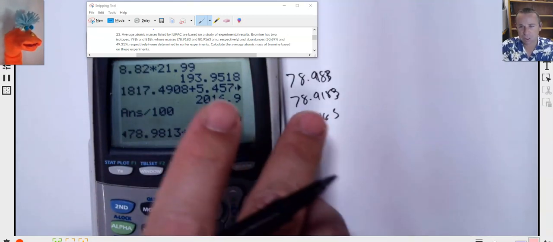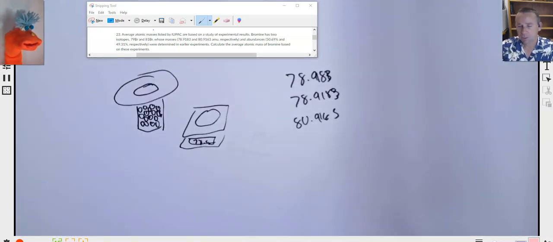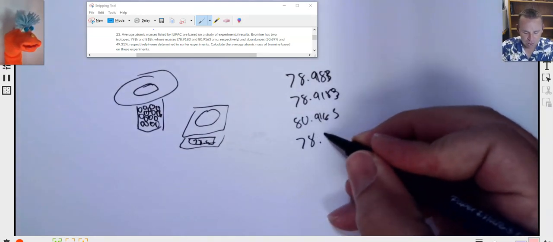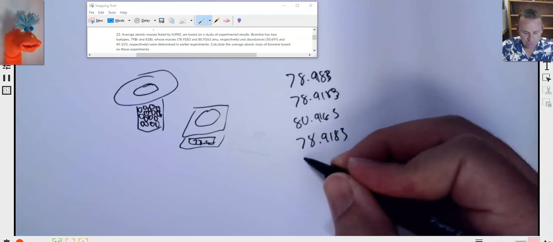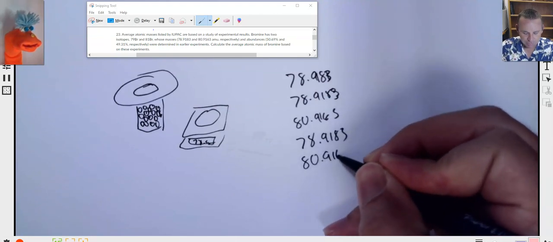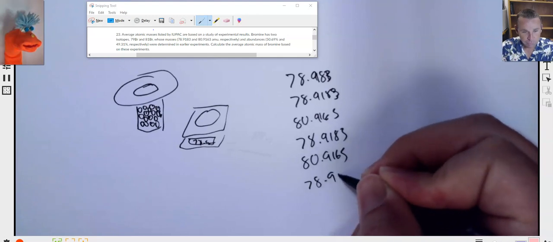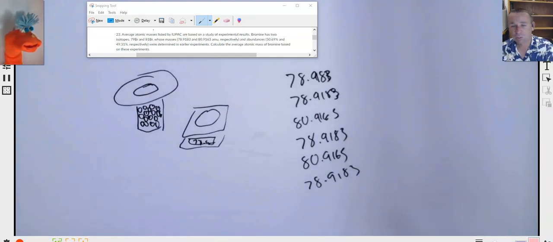And then I would divide by 100. But that average would take a long time to put into the calculator. Can you think of an easier way? If I had a long list of 100 numbers here, can you think of an easier way to add them all up and divide by how many there are?